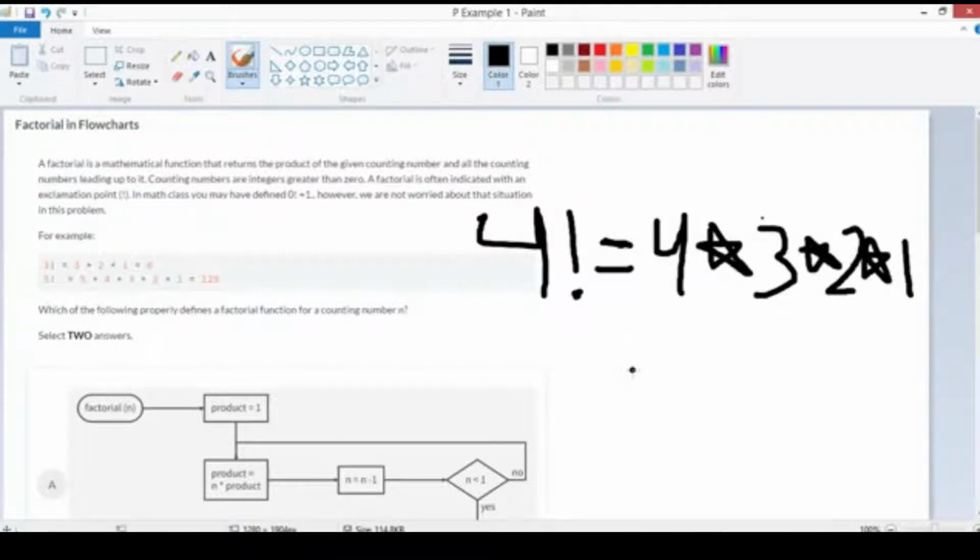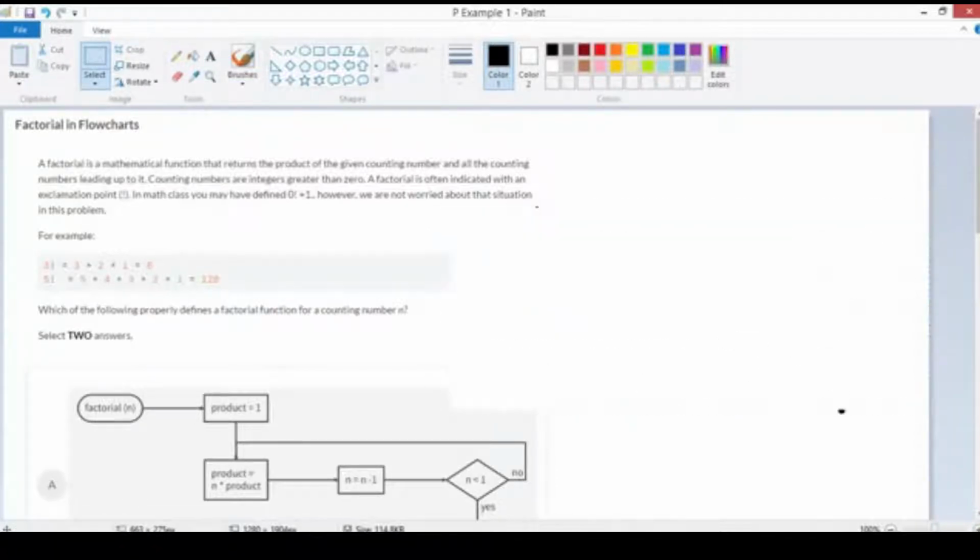So 4 factorial would be 24, because 4 times 3 is 12, times 2 is 24, times 1 is still 24. That's what factorial is, in case you didn't have that already.